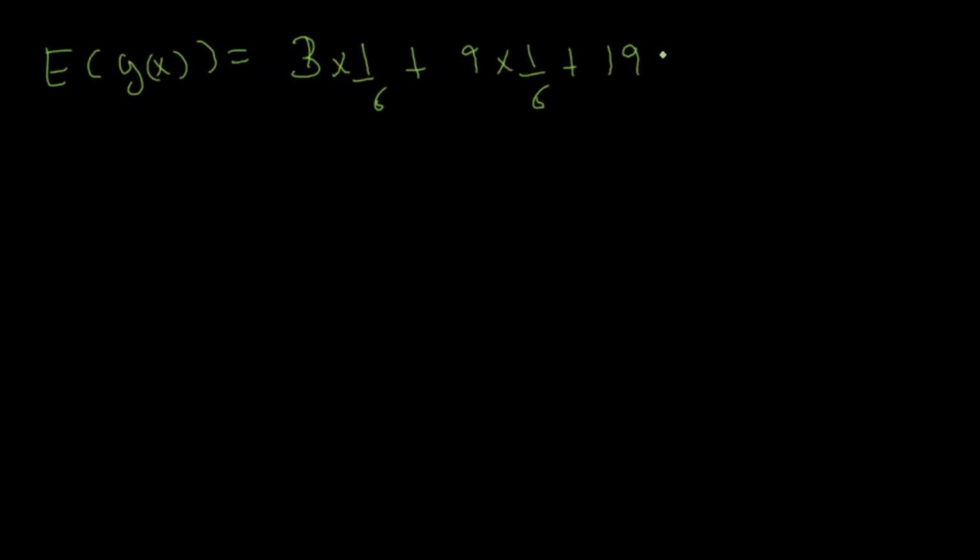Okay, so expectation of G(x) will be 3 multiplied by 1 by 6 plus 9 multiplied by 1 by 6 plus 19 multiplied by 1 by 6 and so on, 73 multiplied by 1 by 6.